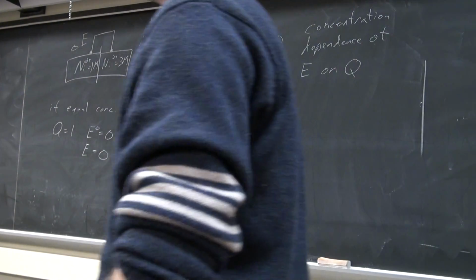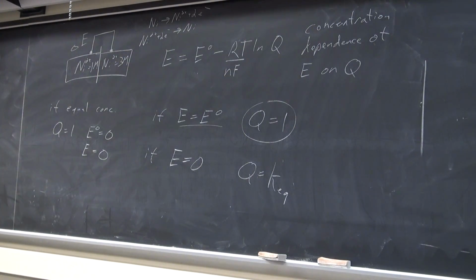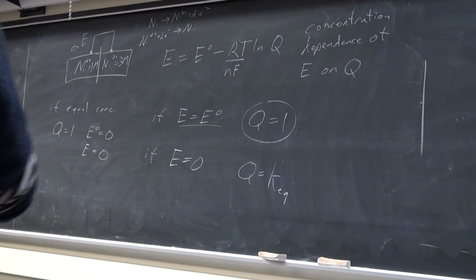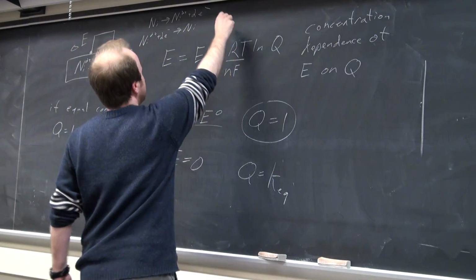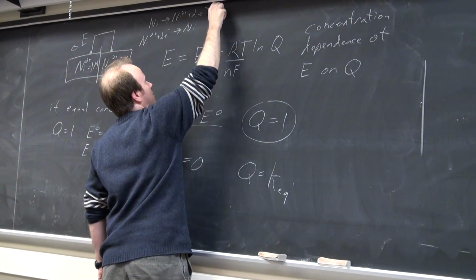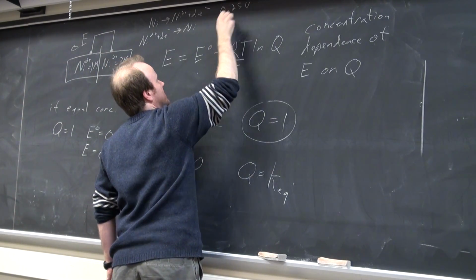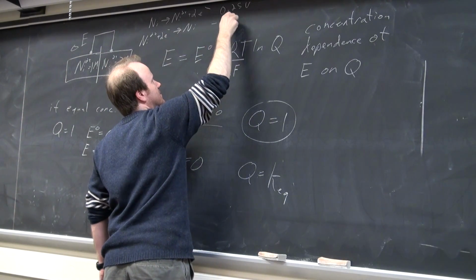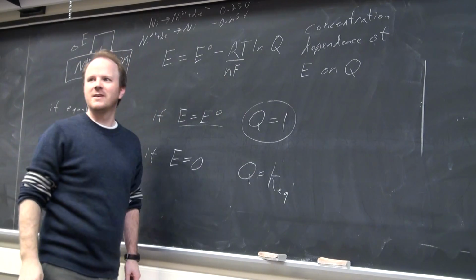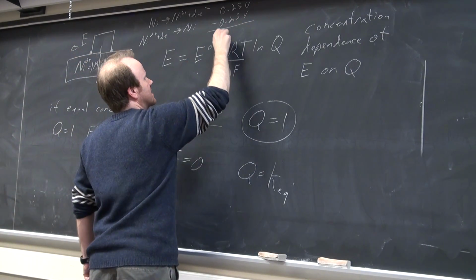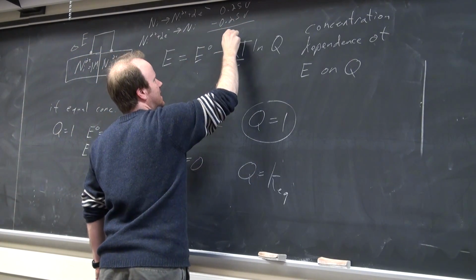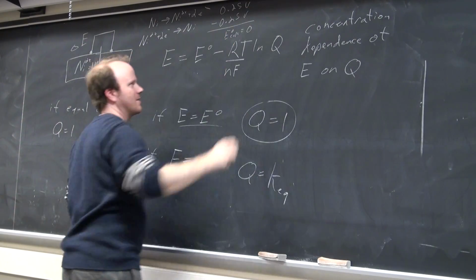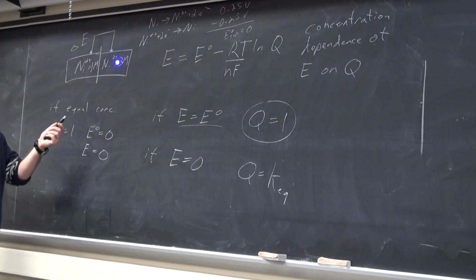Is nickel on here? Doesn't look like it. So I don't know what nickel is. 0.25 volts. This is negative 0.25 volts, right? And so this is E0 cell equals 0 for a concentration cell.